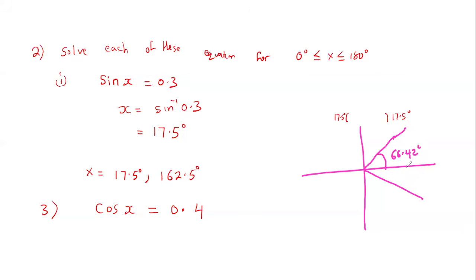Then the next one? 113.6. How did you get this? Teacher, I thought the angles are supposed to be alternating.